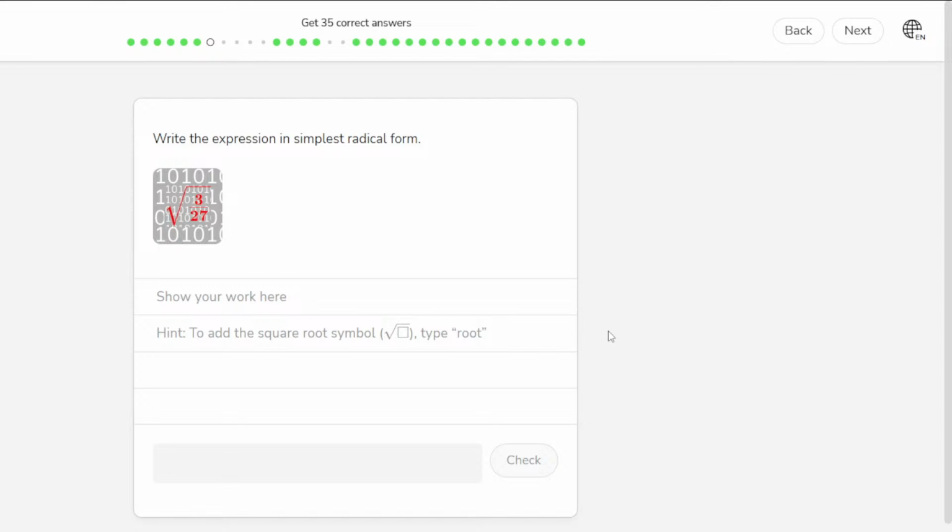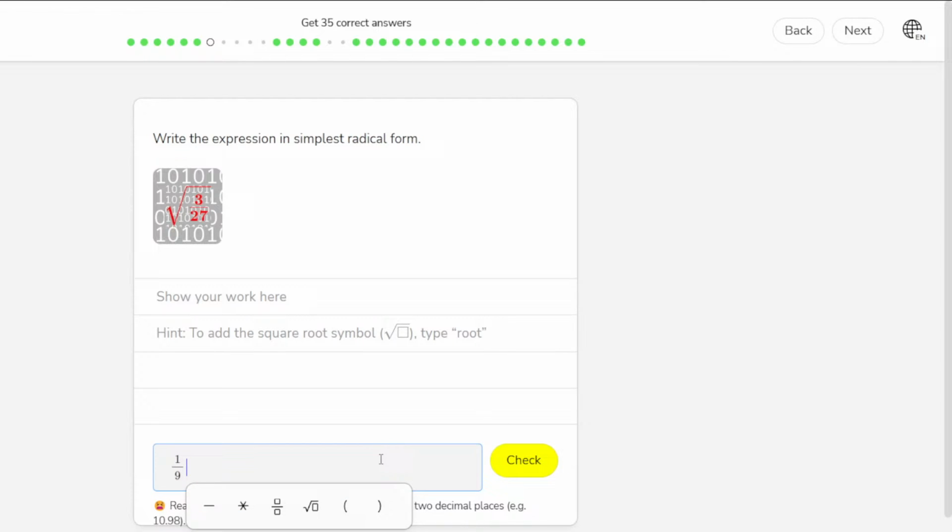Oh, that's just divided by, that's 1 over 9. Easy. It's not. Never mind. I'm stupid. It's not as easy as that. Square root of 1 over 9 also is the square root of 1 squared over 3 squared.